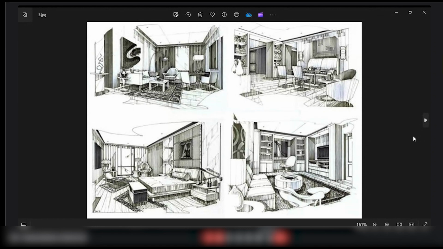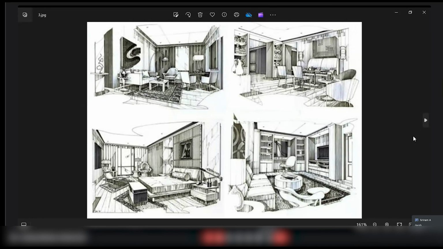So looking at all these handcrafted sketches of the interiors of any hotel or any living space or any bedroom or any dining area, what exactly do you observe when you understand light and bold sketches? I think the pressure on the strokes matters when it comes to light and dark. Correct, correct.